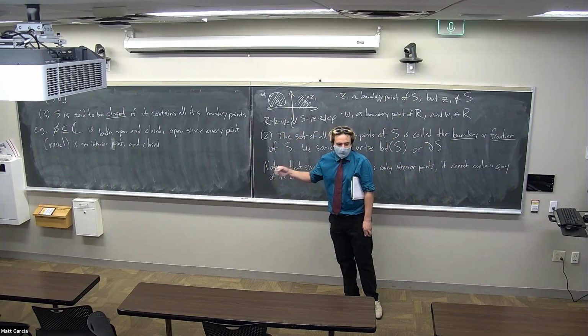Any neighborhood of any point cannot contain a point in the empty set because there are no points in the empty set. Okay?